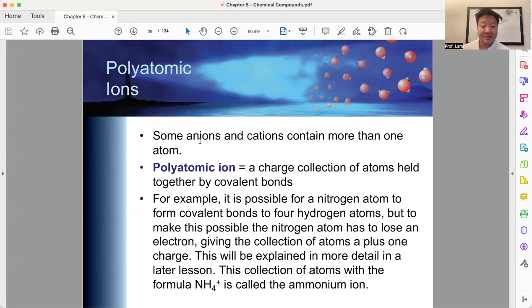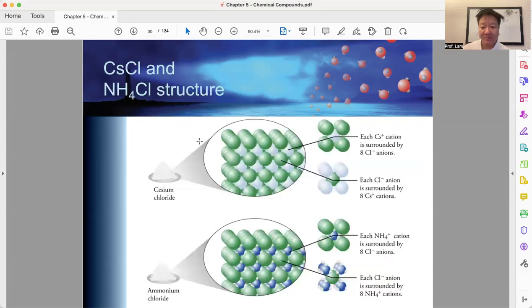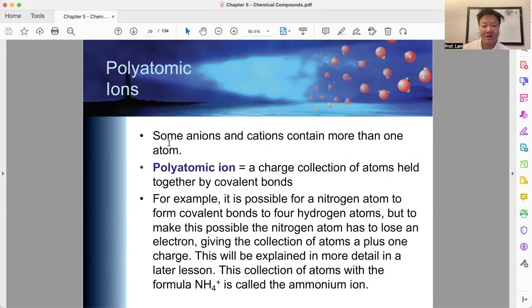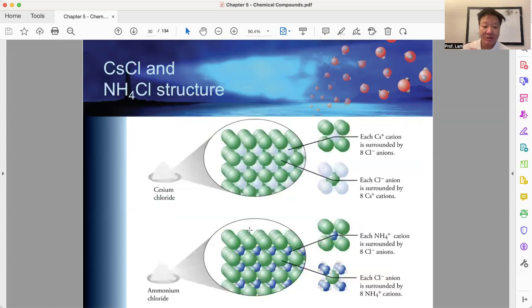Polyatomic ions are going to be a collection of nonmetals held together by covalent bonds, and they have a collective charge. They're usually called polyatomic anions because most of them are anions, with the exception of ammonium, which is a cation. And so we just call them polyatomic ions.